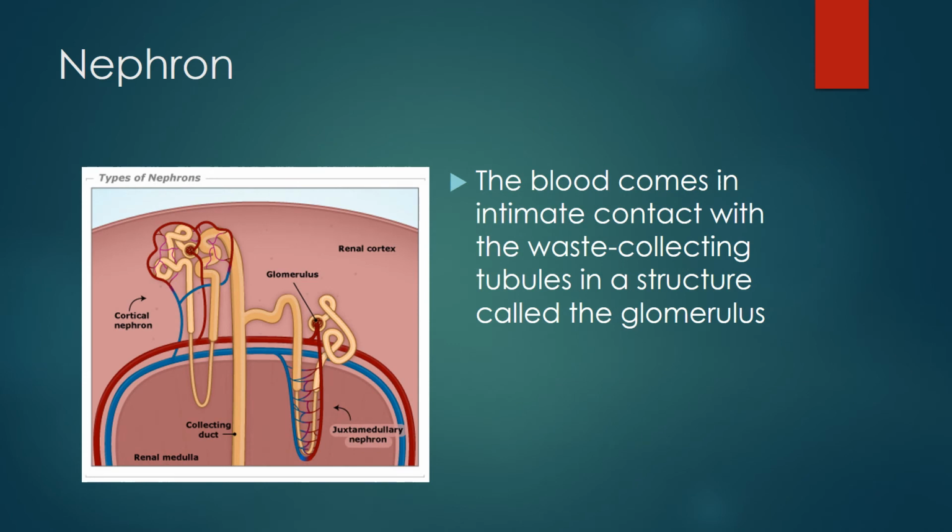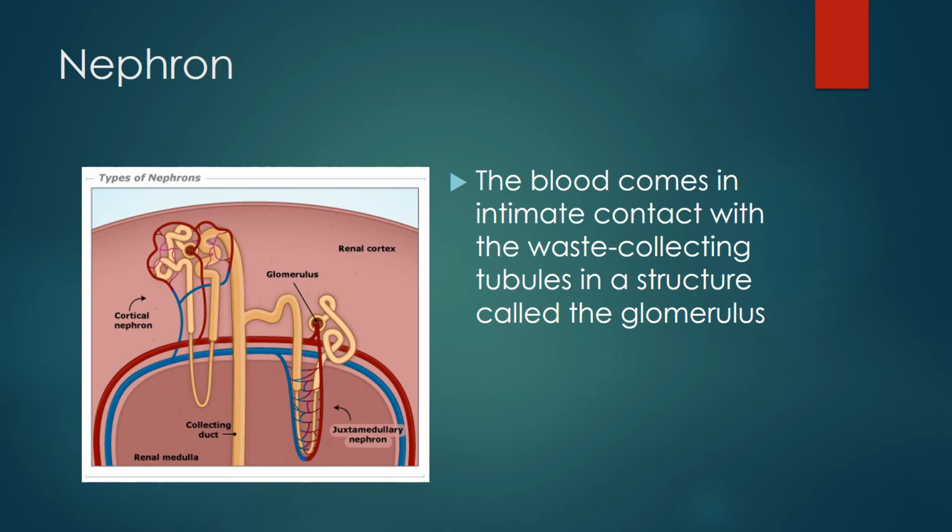Blood enters each kidney from the aorta, the main artery supplying the body below the heart, through a renal artery. It is distributed in smaller vessels until it reaches each nephron in capillaries. Within the nephron, the blood comes in intimate contact with the waste-collecting tubules in a structure called the glomerulus.